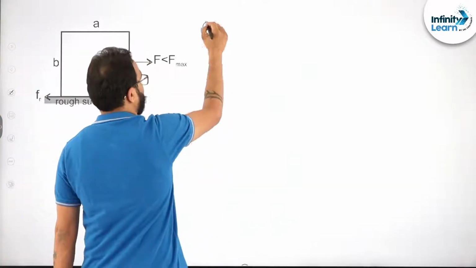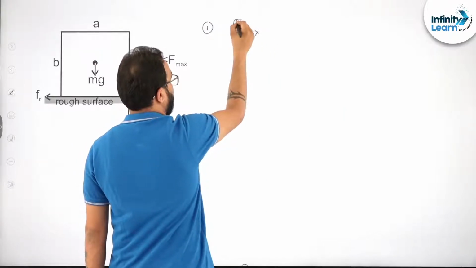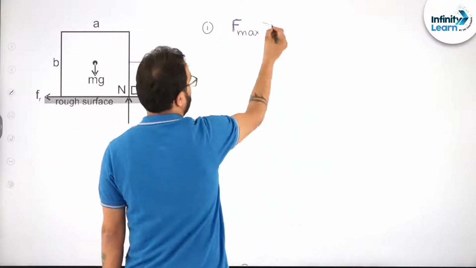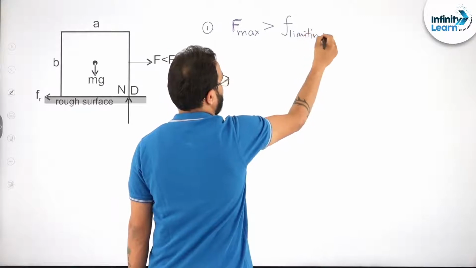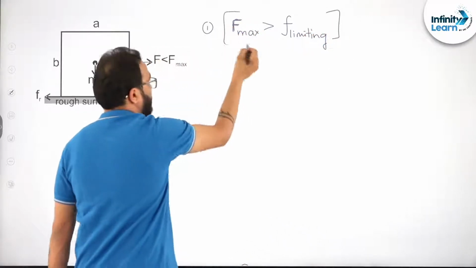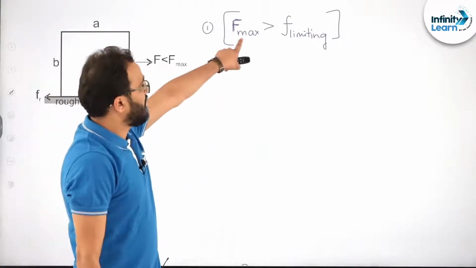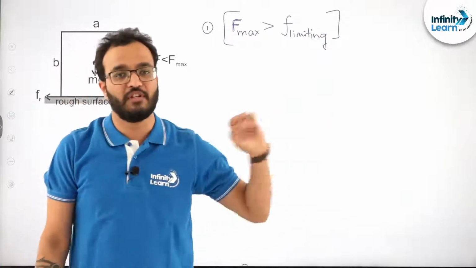Let's try to understand one case where F max, the maximum value of the force that is possible in order to topple the block, is greater than F limiting, that means the maximum value of the static friction. That means this value is greater than the limiting value, so the block will slide first.